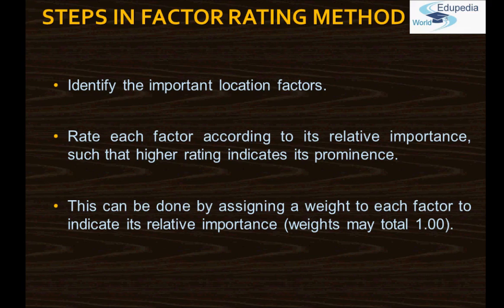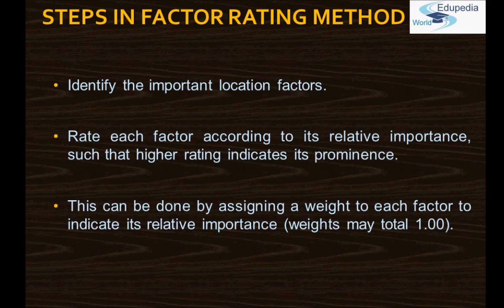Alright, so let me just repeat the steps. First of all, you identify the important factors which affect your decision. After you have selected the locations, you enlist the factors. Then you rank the factors, or you assign weights to the factors according to their importance.